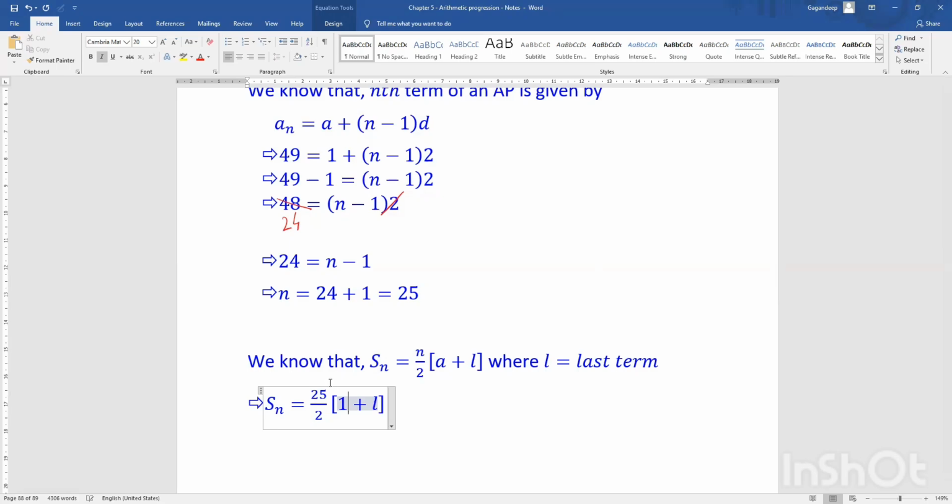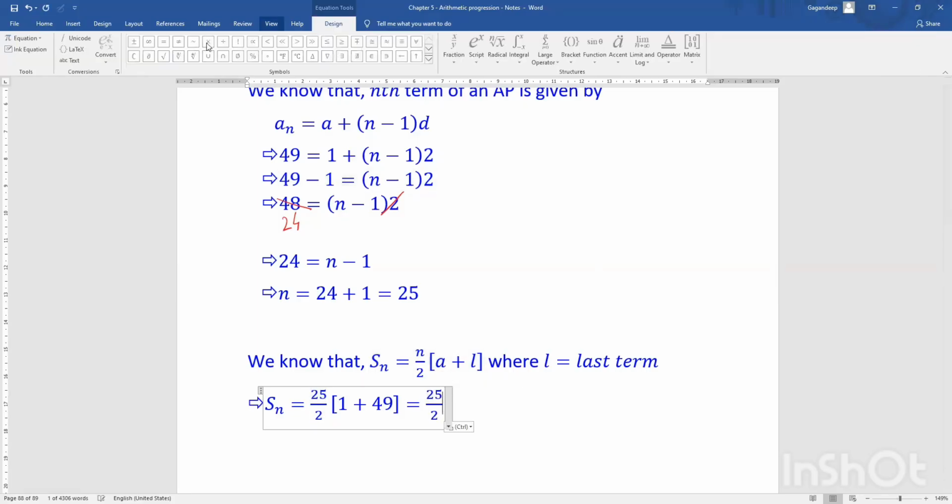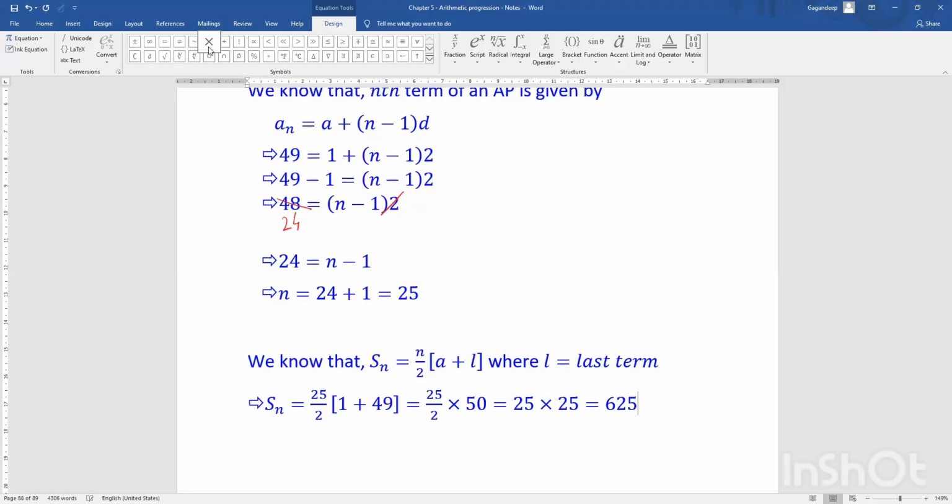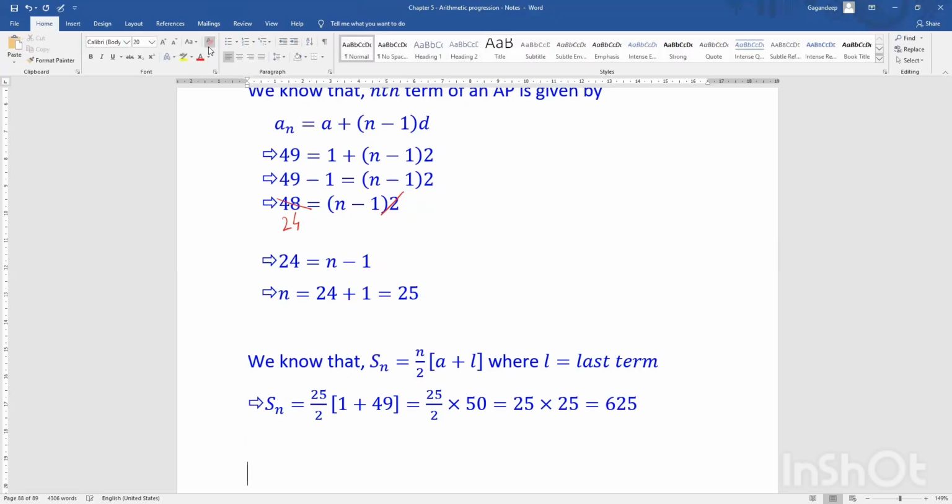The last term l is equal to 49, which is nothing but 25 by 2 into 50. Okay, this is nothing but 25 into 25, because 50 divided by 2 is 25. So that's 25 and 25, which will give you 625. This is your final answer.